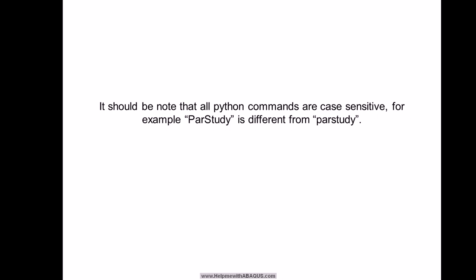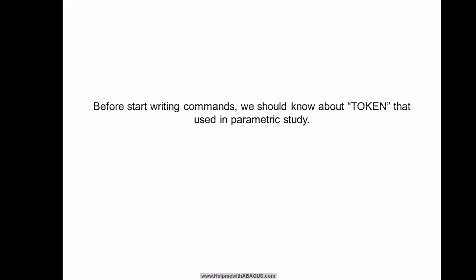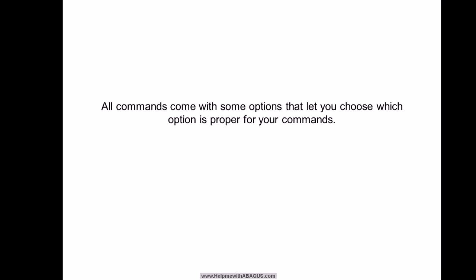It should be noted that all Python commands are case-sensitive. For example, parstudy with uppercase is different from parstudy with lowercase. Before we start writing commands, we should know about tokens used in parametric study. All commands come with some options that let you choose which option is proper for your command.